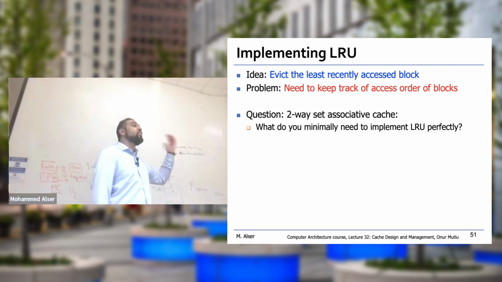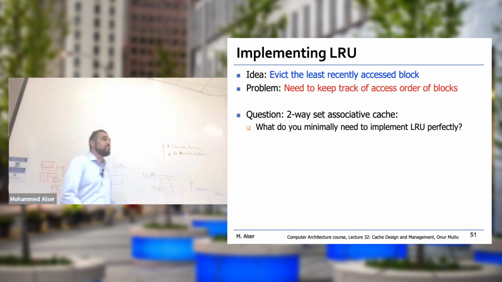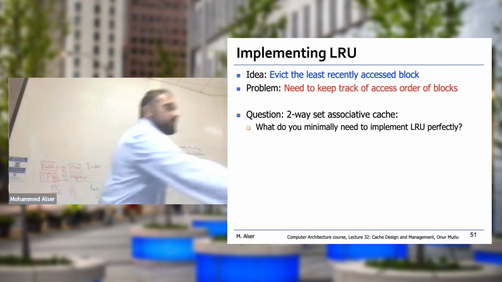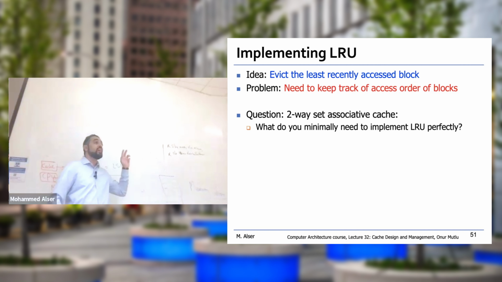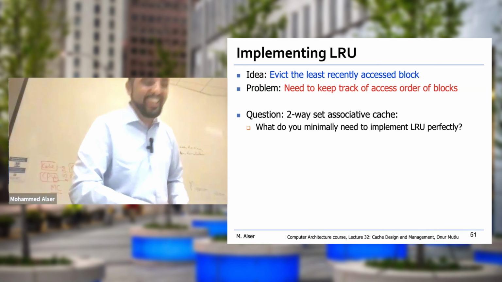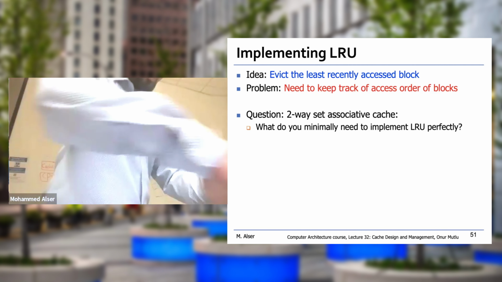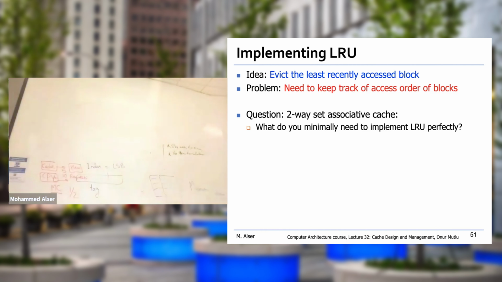Now, when we increase it to 4 ways, what will happen? 2 bits, right? Makes sense. It's very easy. Remember, all these bits will not be included in the cache size as a number, as specs and specification.